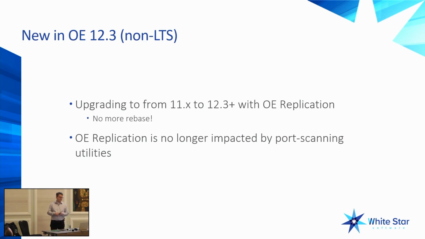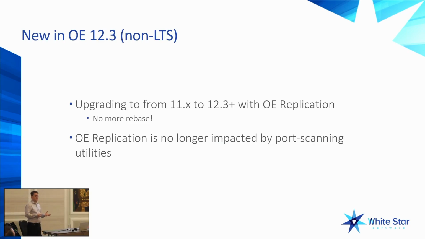Moving on to 12.3, this is big. If you use OpenEdge replication, if you have a big database, this might be one of the things that's holding you back from going to 12, because prior to this, when you wanted to upgrade across a major version boundary, you had to rebase your replication targets. And that's no longer the case.